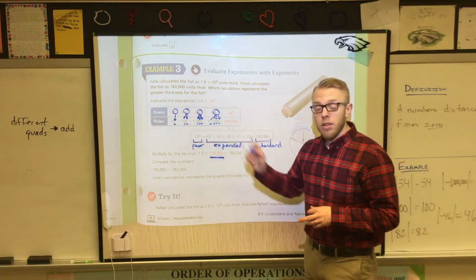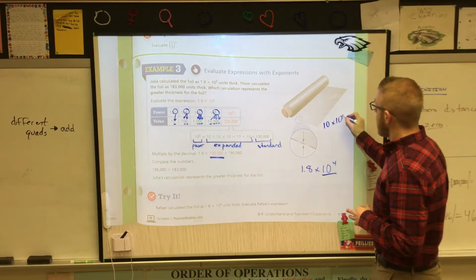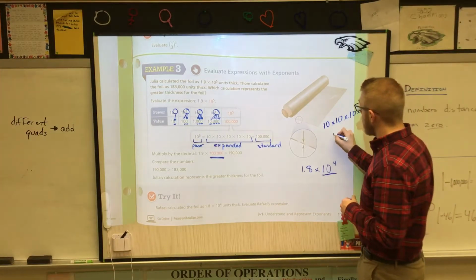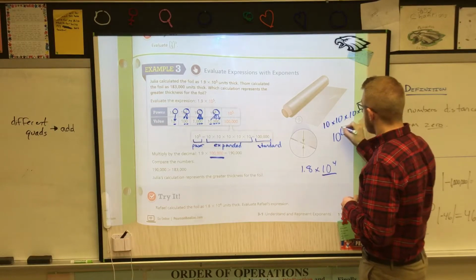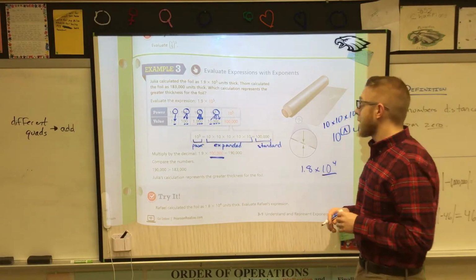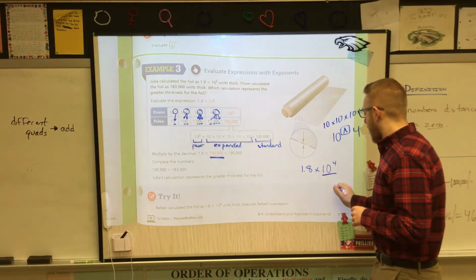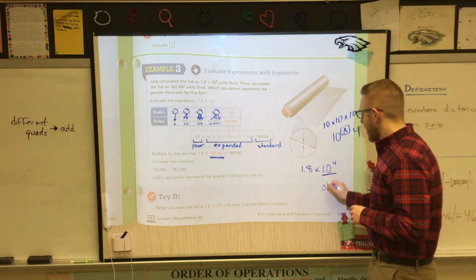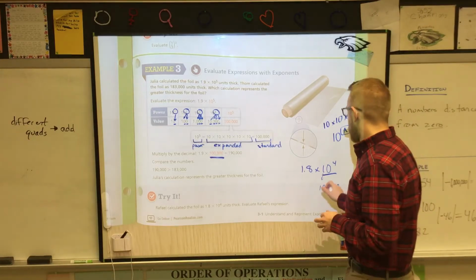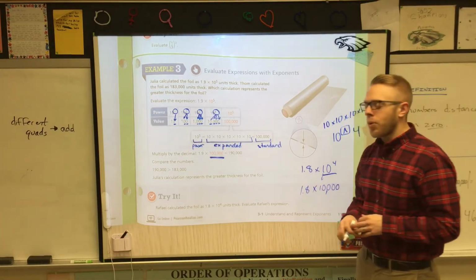Now, I could have looked at my table. I could have done 10 times 10 times 10 times 10 in my calculator. I could have typed in 10 to the 4th power in my calculator. Or I could have remembered that this 4 tells me that I need to have 4 zeros, and I could have just dropped my 1 into its original spot. So I have 10,000, and I'm multiplying that by 1.8.